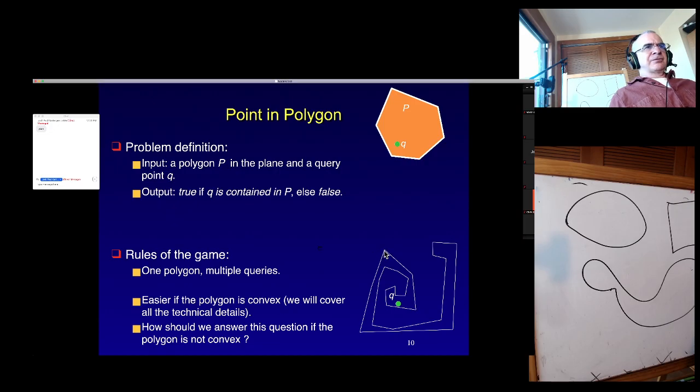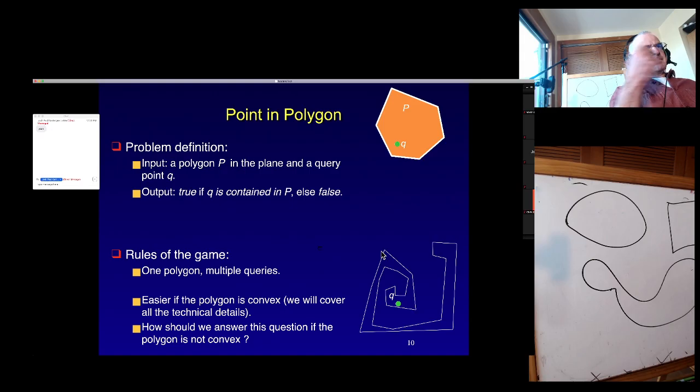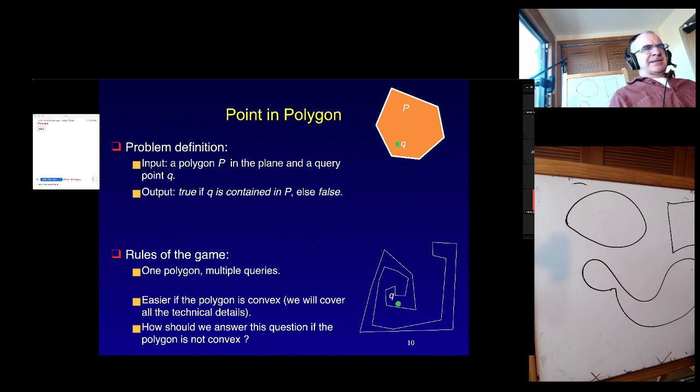By the way, non-convex doesn't mean that it's concave. Two different things. It's non-convex and I want to ask, is Q inside the polygon or not? Can somebody outline an algorithm for it at all?